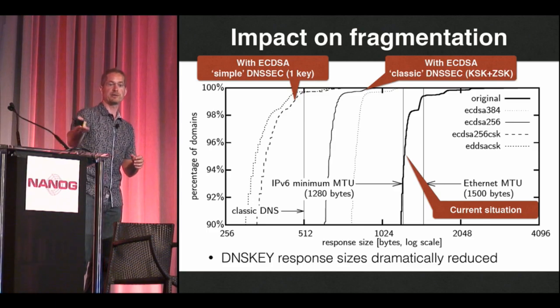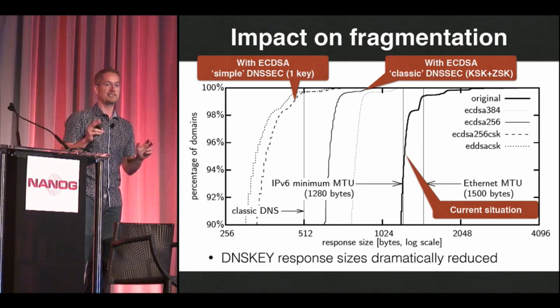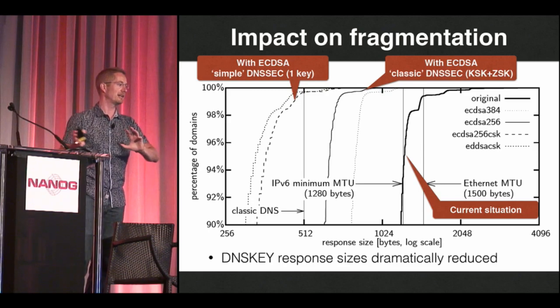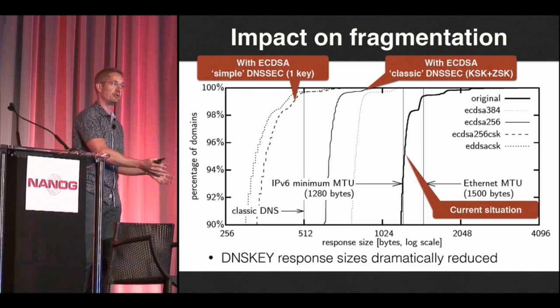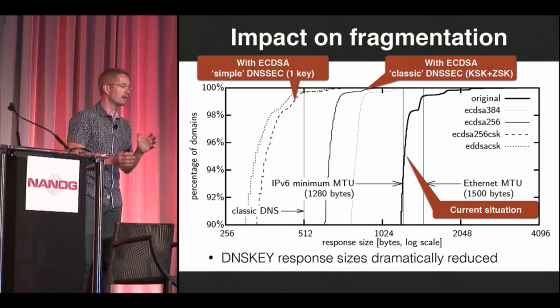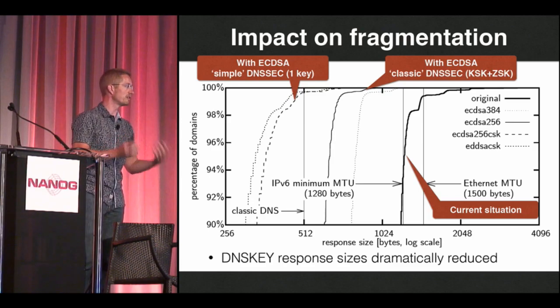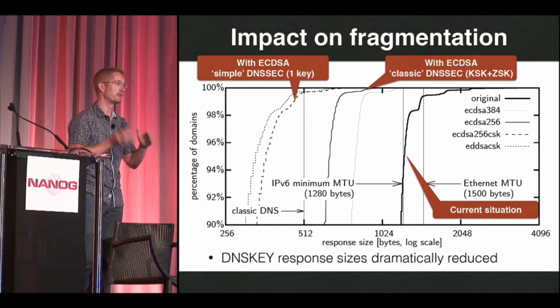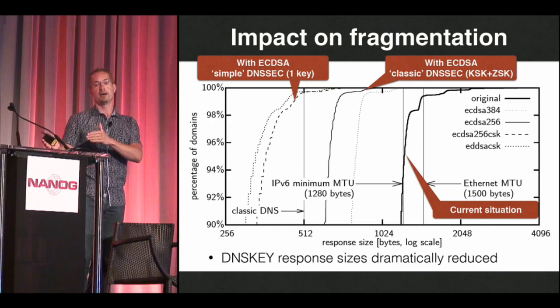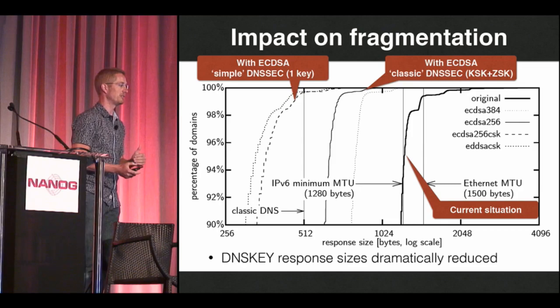But then if you would switch to ECDSA, even with a conservative scheme, so you don't change the DNSSEC mechanics, you just change what algorithm you use to sign the zone, then your responses will become a lot smaller, and all of them will be below 1024 bytes, so they'll easily fit even into the minimal IPv6 MTU.